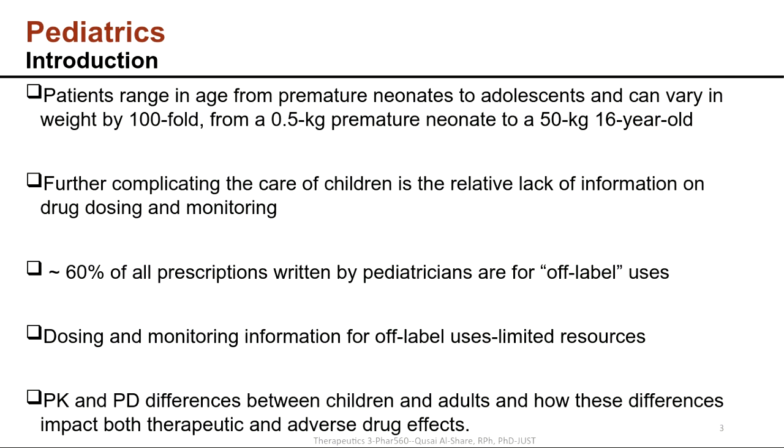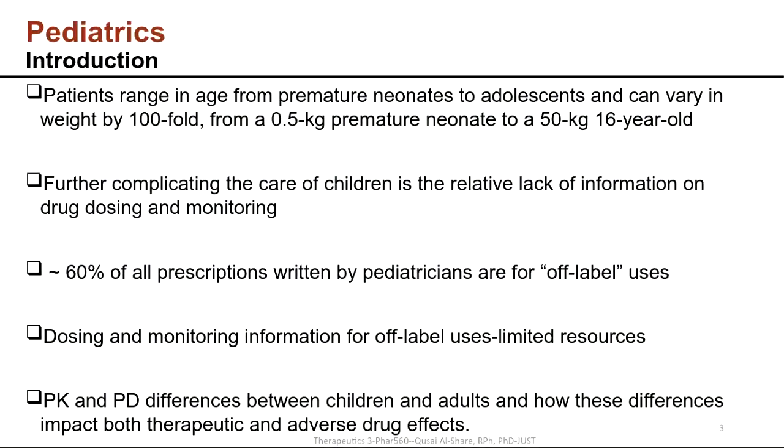So if you look at the ratio of body weight change, it might reach about 100-fold, from 0.5 kg, just half a kilogram for a premature neonate, to 50 kg in a child who is 16 years old. So between 16 and 0.5 kg, you might see about 100-fold difference sometimes, and this is just the mean.